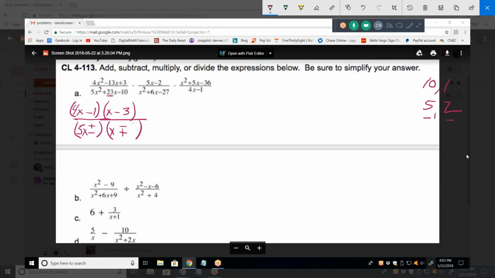That 5 has to be over there. And furthermore, because it's a plus 23, it's got to be down there. Notice that the whole goal here is to produce the middle term. How do we produce 23x? Well, that's a good start because that's 25x right there.